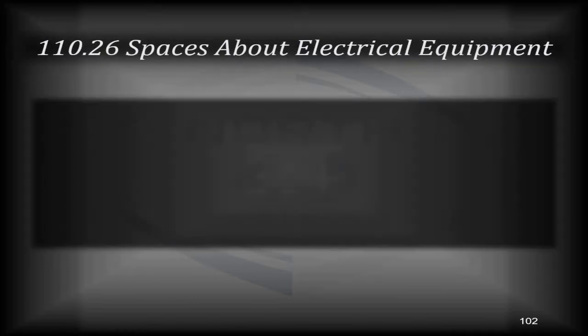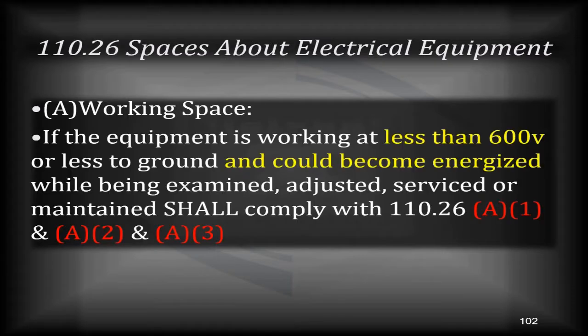110.26(A) talks about working space. If the equipment is working at 600 volts or less to ground and could become energized, so we're talking 600 volts or less to ground and could become energized, doesn't say it is energized, but it could become energized, while being examined, adjusted, serviced, or maintained, it shall comply with 110.26(A)(1), (2), and (3).